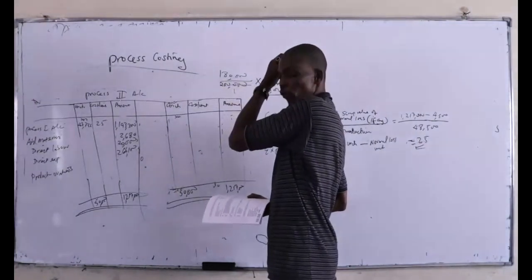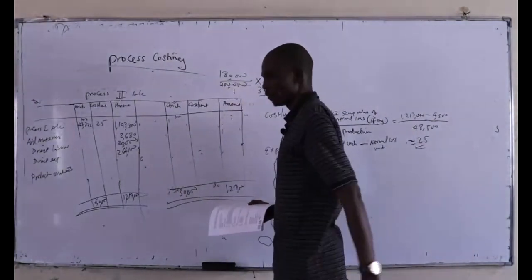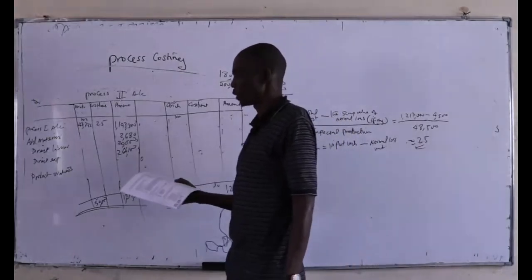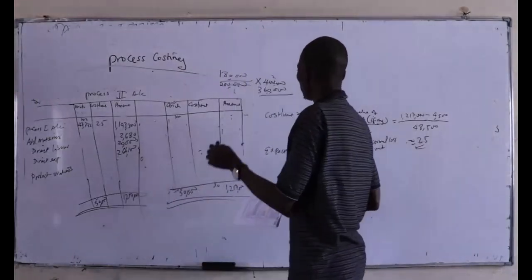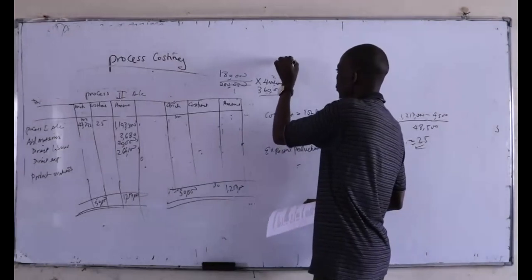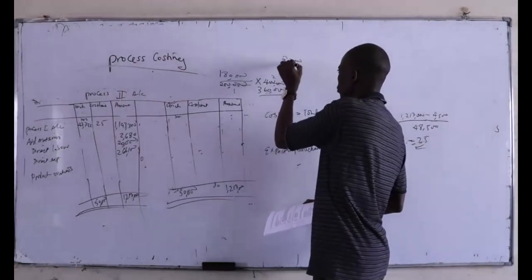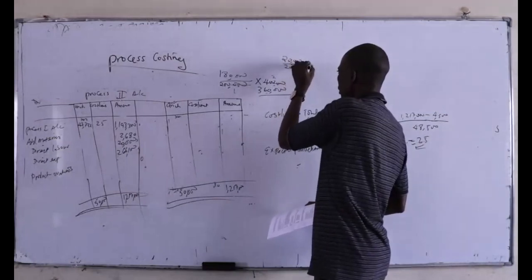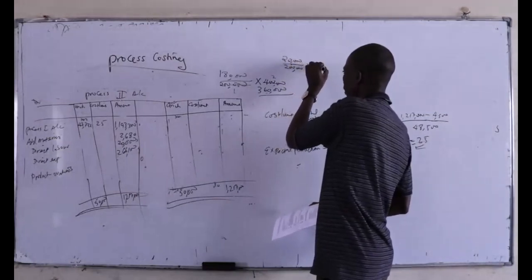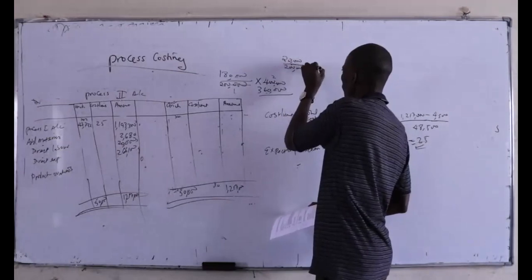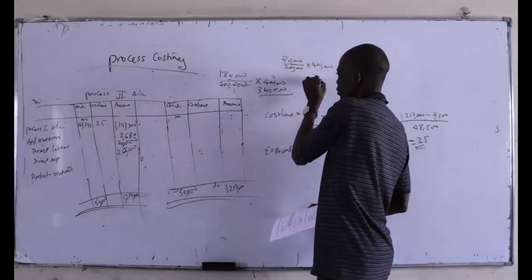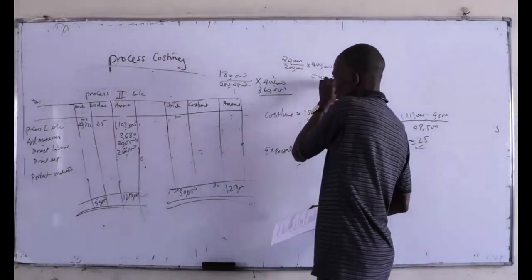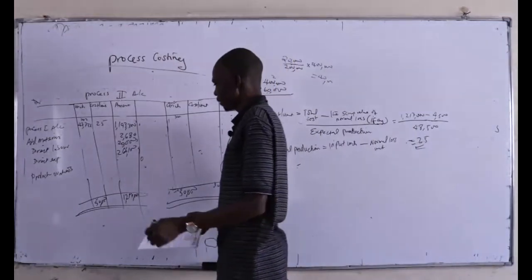That we get the proportion, we apply it on the total overhead for us to be able to get the overhead for each process. So in process 2, we do the same thing. It is 20,000. That was what was incurred as labor over 200,000, which is the total, times the 360,000 times the 400,000. So this is supposed to give you 40,000. So the overhead here is 40,000.